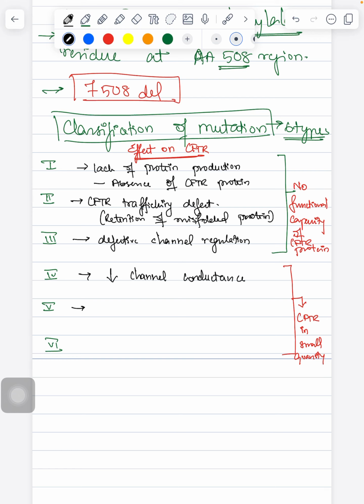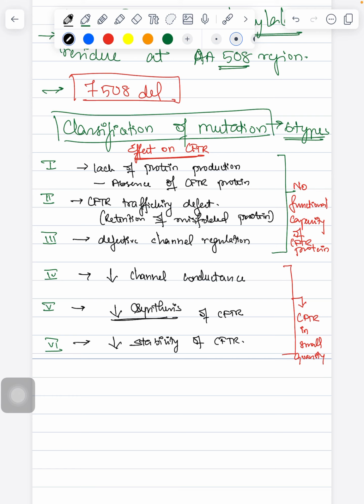Fifth, there is reduced synthesis. There is no total absence, but there is reduced synthesis of your CFTR protein. In type 6, there is decreased stability, but CFTR protein is expressed. So this is the classification of mutation.